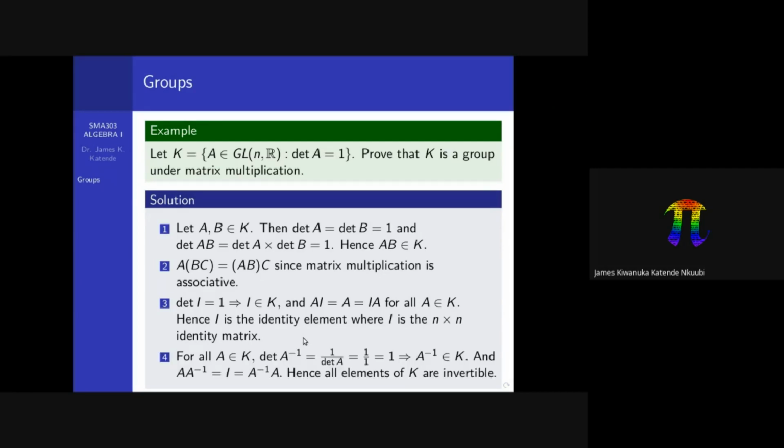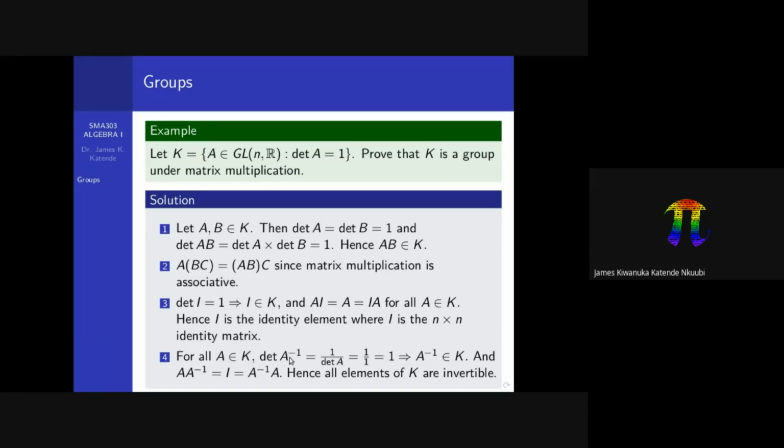So last but not least, the fourth property is the inverse. Again, remember these are all invertible matrices. So all we need to confirm is that if A is a matrix in this set, will the inverse also be in the set? So to check if the inverse is in the set, we need to confirm that the determinant of the inverse will also be equal to 1. So if A is picked from K, we already know that since it's from K, the determinant is equal to 1.